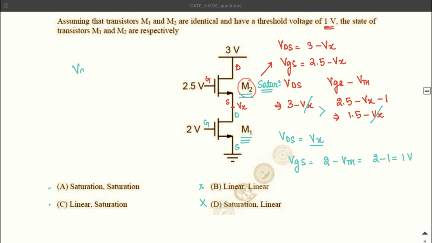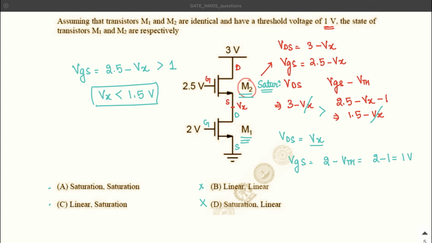If I try to find out VGS for the second transistor, it is 2.5 minus Vx, and this value should be greater than the threshold, which is 1 volt. So we know that Vx should be less than 1.5 volt.